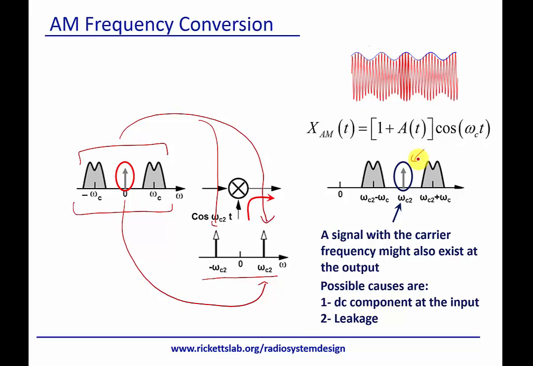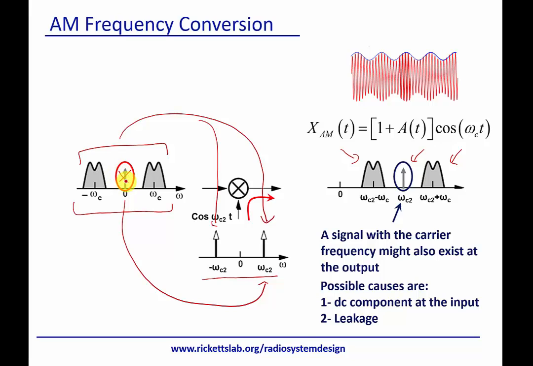So not only are we transmitting the signal, both the upper and the lower sidebands of the signal, we're also transmitting the carrier. And the reason why we care about this is the carrier, as I mentioned before, doesn't carry, forgive me, information. And therefore, we're wasting power by transmitting it. And so you might say, well, let's just not do this.